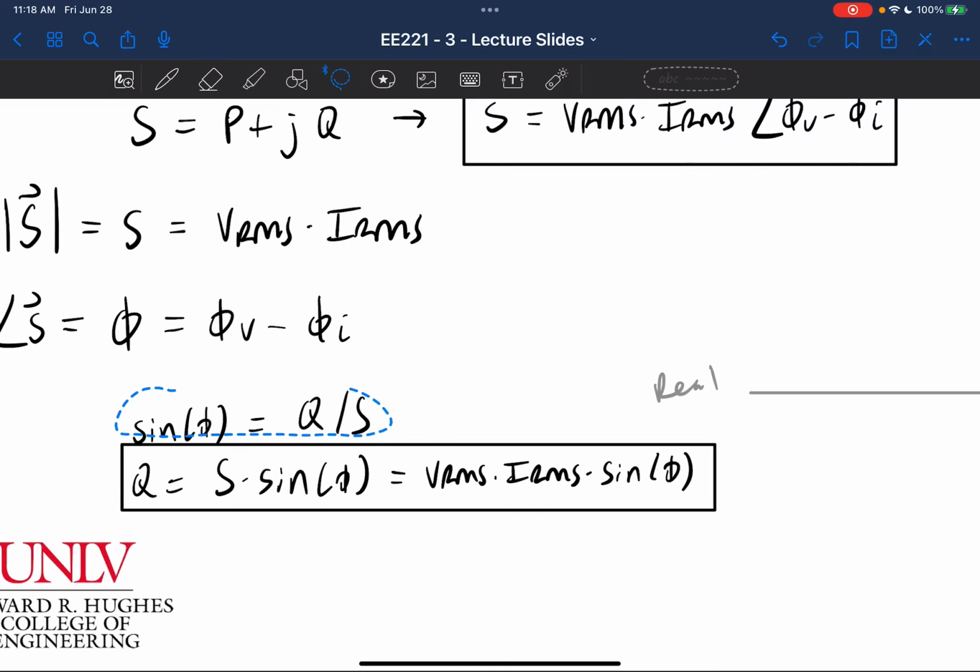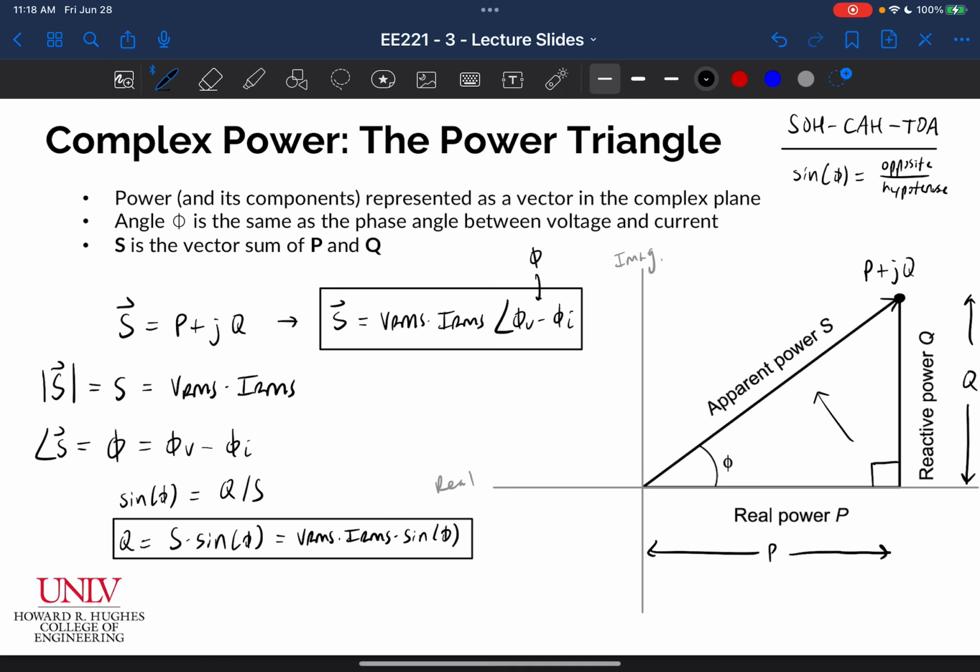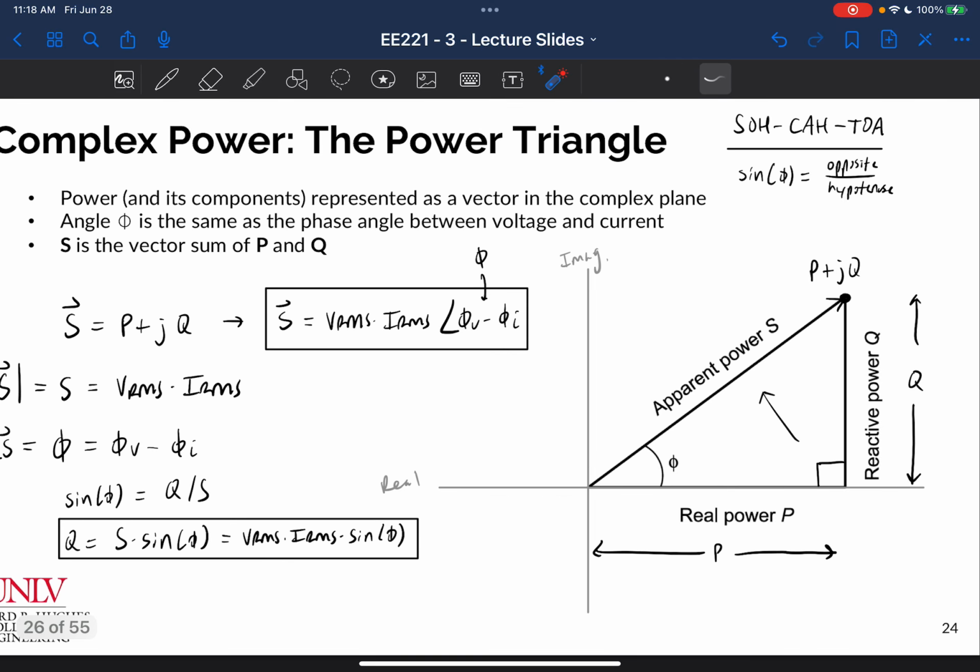All right, and so what about real power? Well, again, we can look at SOHCAHTOA. We can say the cosine of an angle, phi, is equal to the adjacent over the hypotenuse, right? The adjacent in this case being the side adjacent to this angle, which is the power P, real power, or the average power.